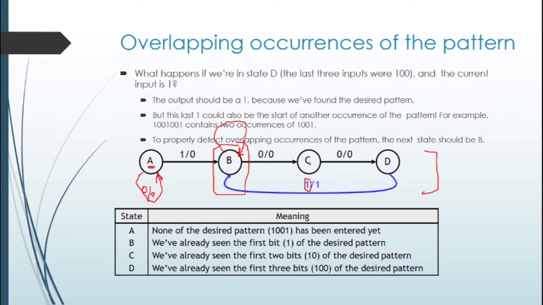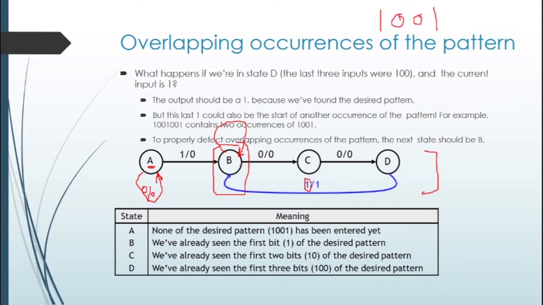Similarly, if we are already in state C, that means the 1 0 pattern is already there. What happens if the third bit is not 0? The pattern has to be 1 0 0 1. So what happens if the third bit is 1 instead of 0? It has to go somewhere.